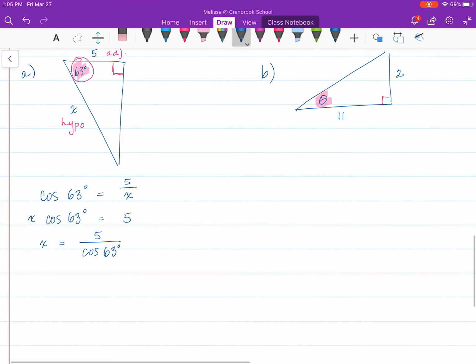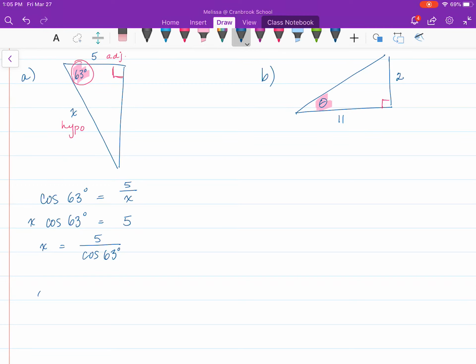And at this point in time, if you haven't already read what I said earlier in the discussion and the assignment, you need to make sure that your calculator is in degree mode, because this is the cosine of 63 degrees, not 63 radians. And so when you calculate 5 divided by cosine of 63 degrees, you should get 11.01, and that's rounded to 2 decimal places.